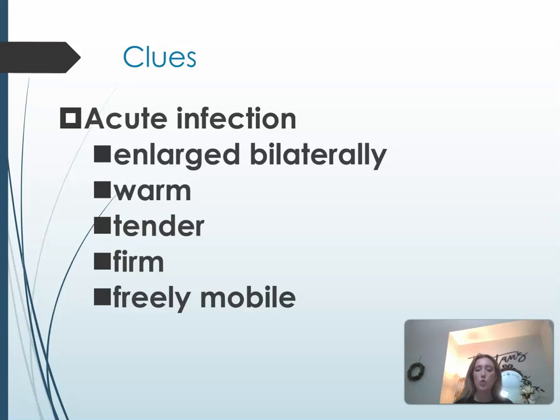And they're usually going to be warm, tender to the touch, firm, but they will be freely movable. So this is typically associated with someone who just has some type of infection, especially if they have a head cold or something like that. They may have some bilateral swelling, tenderness, firmness, but they should be able to be moved.